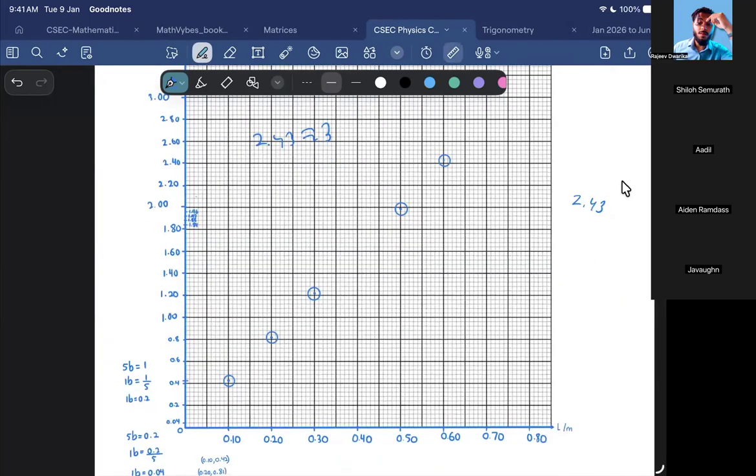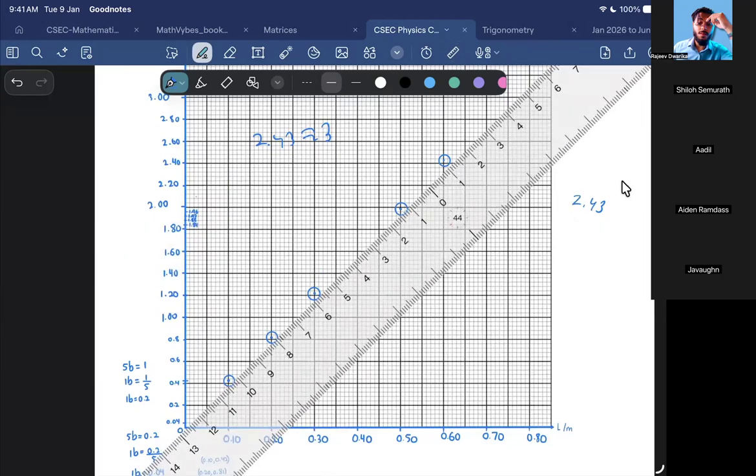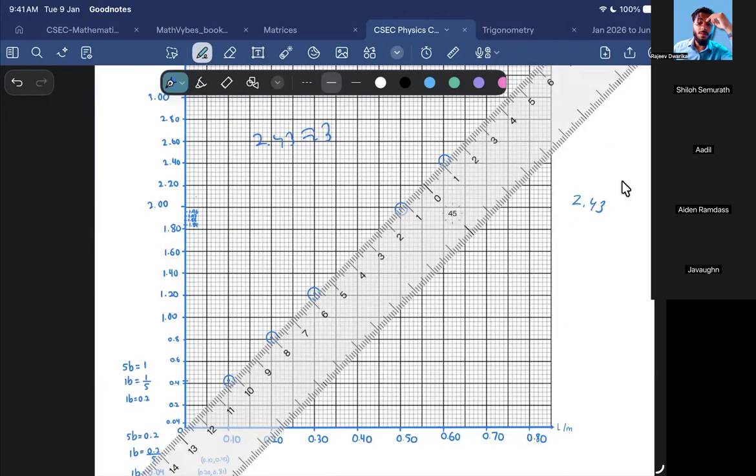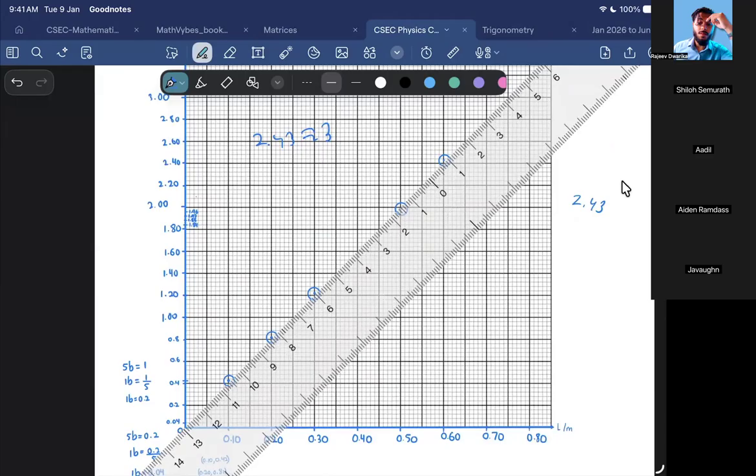So now you're going to take your ruler and line it up. Now this specific graph cuts the origin; it passes through the origin. So we want to make sure everything is aligned as much as possible, but it needs to pass through the origin.